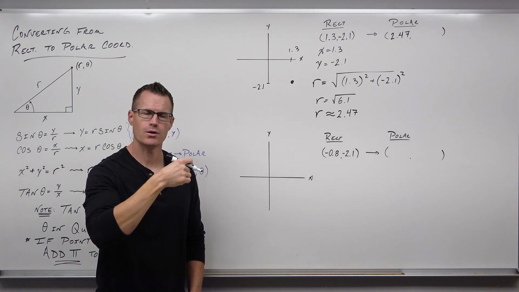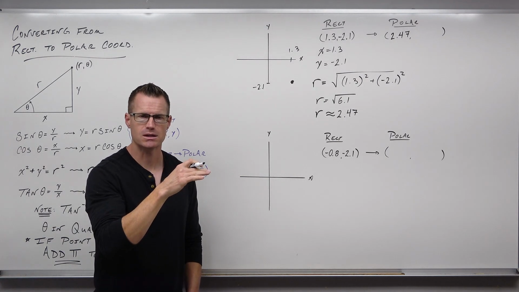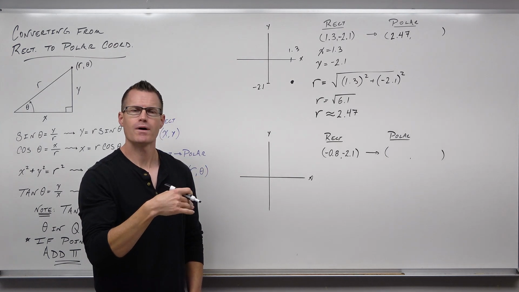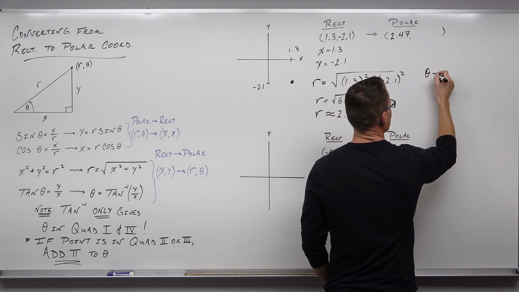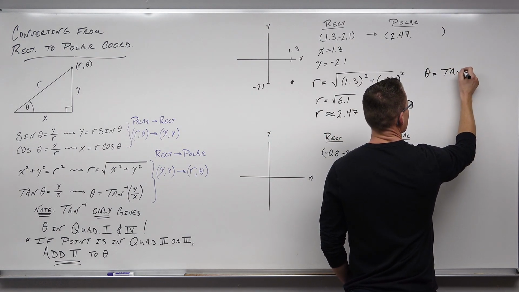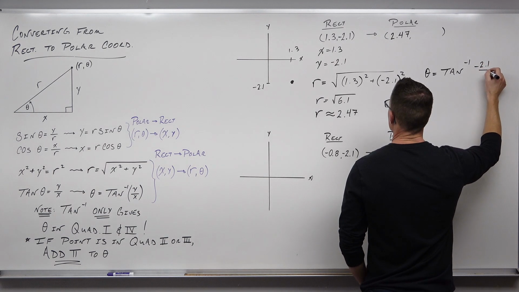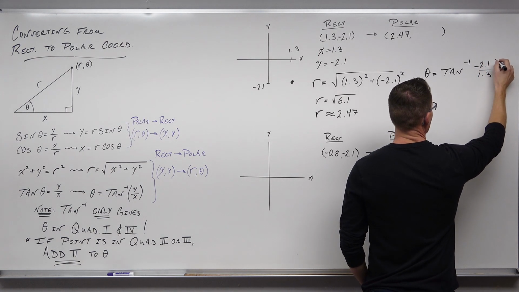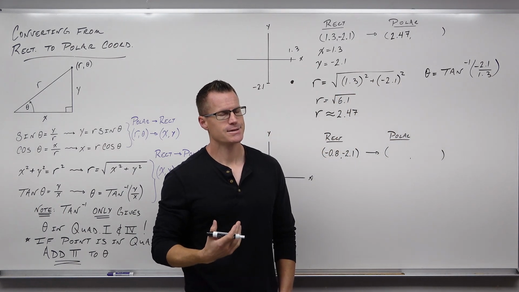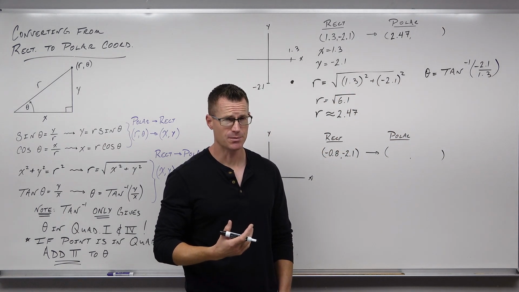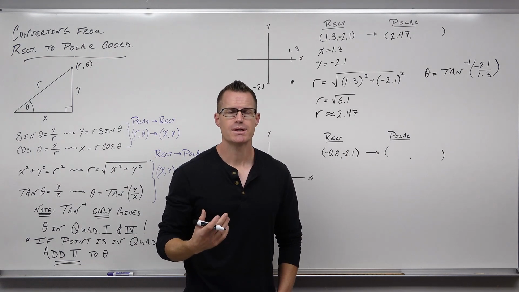All we need to know now is the location as far as an angle, so what angle it creates with our x-axis or polar axis. In order to find that, we're going to use tan inverse. That's not super nice because we can't really simplify it, and it's not on our unit circle, so we're going to have to use our calculator.